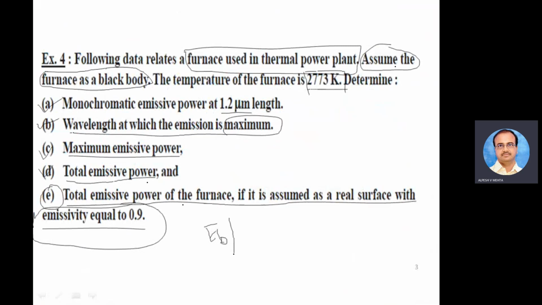An important thing is that the temperature is given in Kelvin. If it is given in degrees Celsius, then we have to convert it into Kelvin and solve. Now moving towards the solution part.